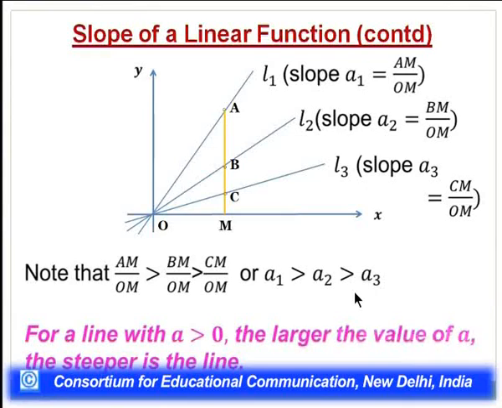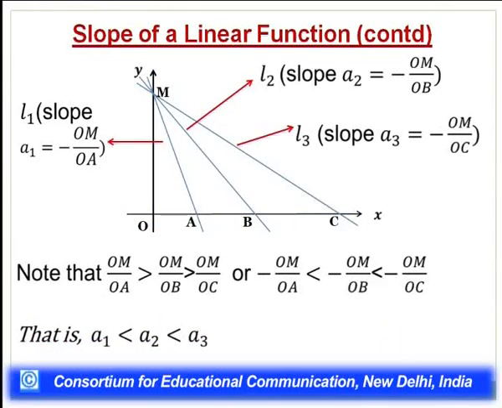So we have this result that when we have a line that is upward sloping, the larger the value of A, the steeper is the line. The larger is the value of the slope, the steeper is the line, and that is also consistent with what we intuitively felt. But things are a little different for downward sloping lines. So if I give you three downward sloping lines, please look at slide 20, L1, L2 and L3.